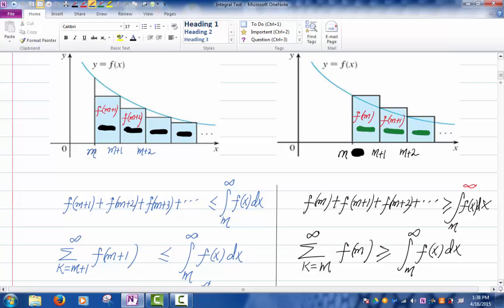In the first figure, I am assuming that the improper integral of f from m to infinity is convergent. That's my assumption. What does it mean graphically?